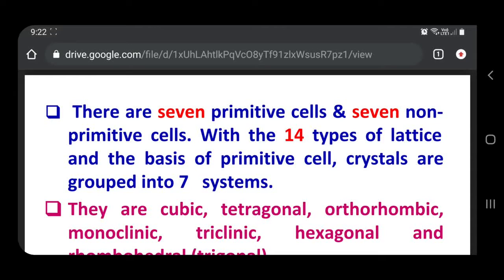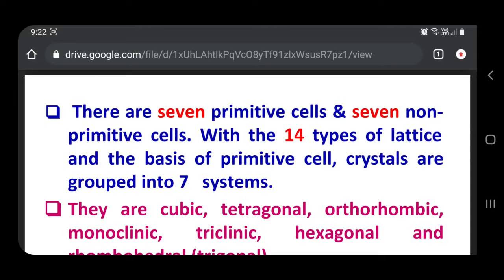It is possible because the unit cell is represented by a cube. You have 8 corners. At each corner you have an atom, but this atom is surrounded by 8 such unit cells. That means each atom is shared among 8 surrounding adjacent unit cells. So for a particular unit cell, the contribution of a corner atom is only 1/8.